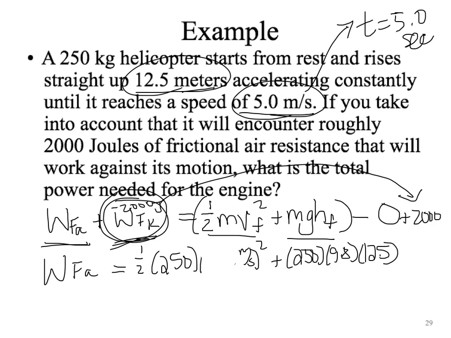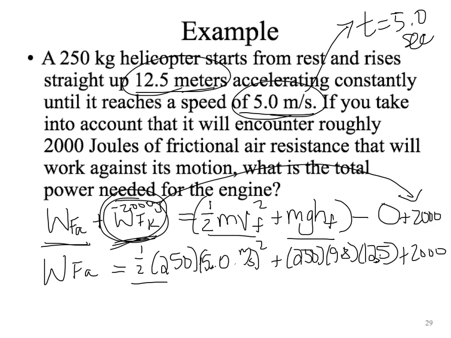It goes to 5 meters per second. But I unfortunately am not going to re-record this, so sorry, kiddos. All right, so 5.0 meters per second, and it goes up to a height of 12.5 meters, plus, of course, that 2,000 joules of energy.